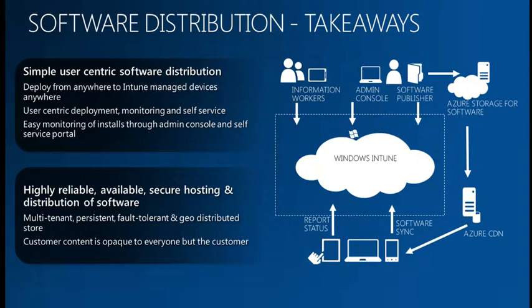And we deliver the content through Azure CDNs in a geo-distributed way, which is all fault-tolerant. So we take care of all the privacy and efficient distribution scenarios that every customer is going to face. And the other thing which I want to reiterate is that the customer content is opaque. So you can be confident that any content that you publish is only visible to you as a customer and no one else.